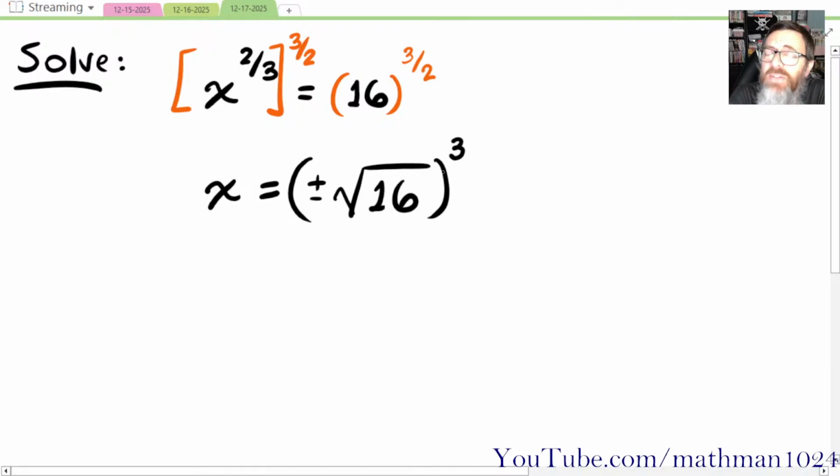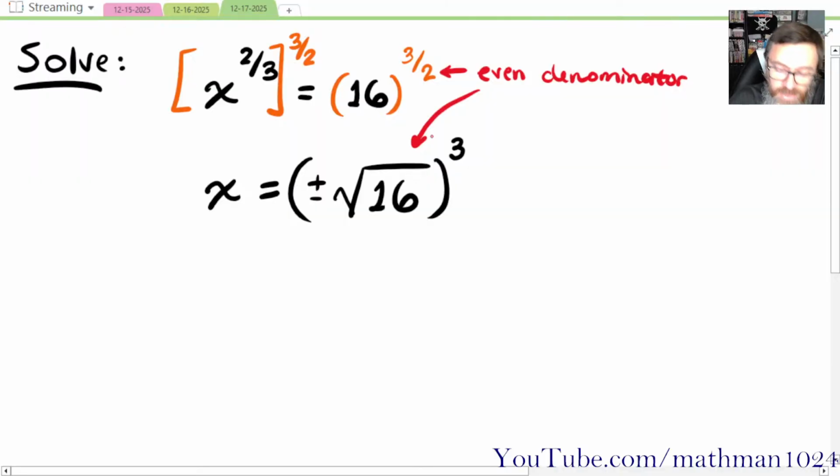And so this is what a lot of students forget to do. So when I'm raising both sides to a power, and we have here an even denominator for the power, that indicates an even root, indicates a square root, and you have to have the plus or minus.